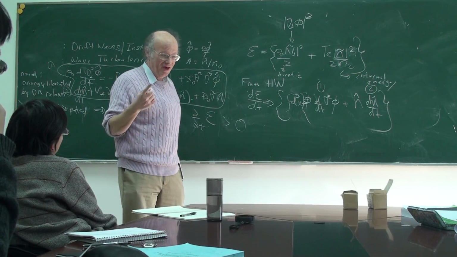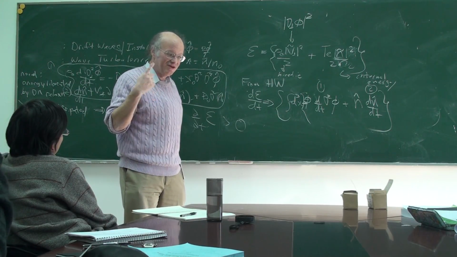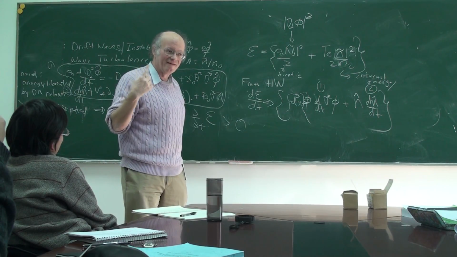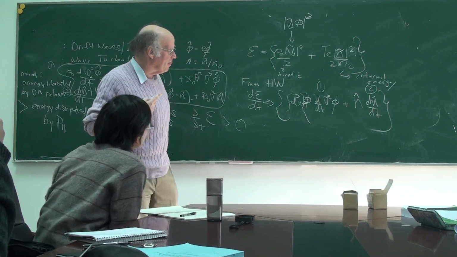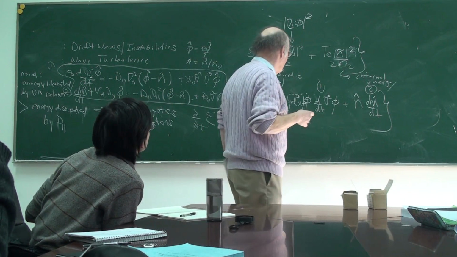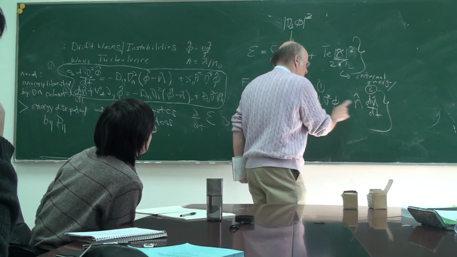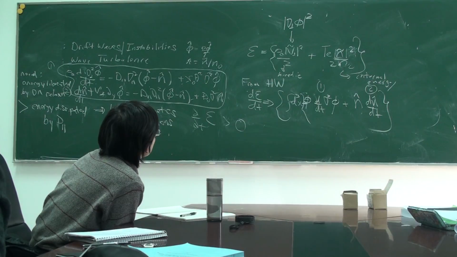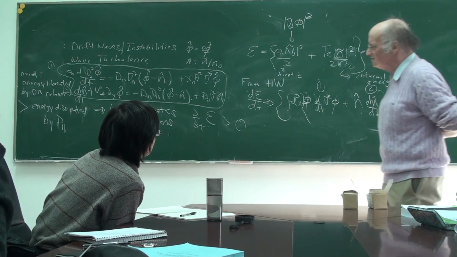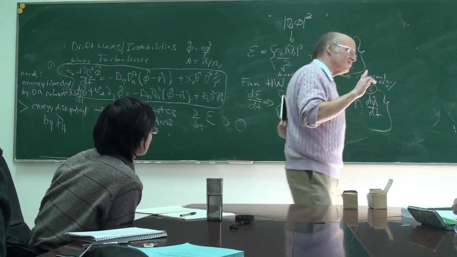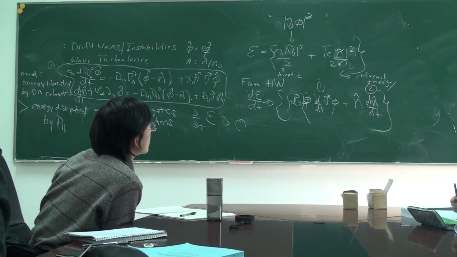That competition is related to omega minus omega star. So you mean the second term may decrease, but the total one will increase? Well, the total has to be positive, so the sum of this and this has to be positive. But what you just said is that the second term might decrease. Well, look, is that true? Why don't you calm down for a second and then you'll see what I mean.